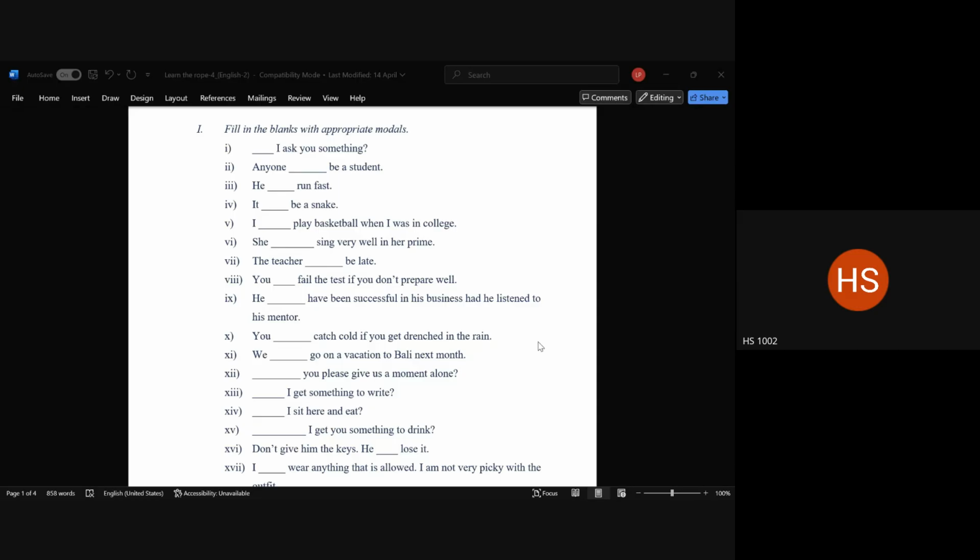So here, whether you use would or could or might, they're all indicating a hypothetical situation. So the interpretation would remain the same. Okay. 10th one, you could catch cold. Yeah, you could catch cold. Yes, that's right.